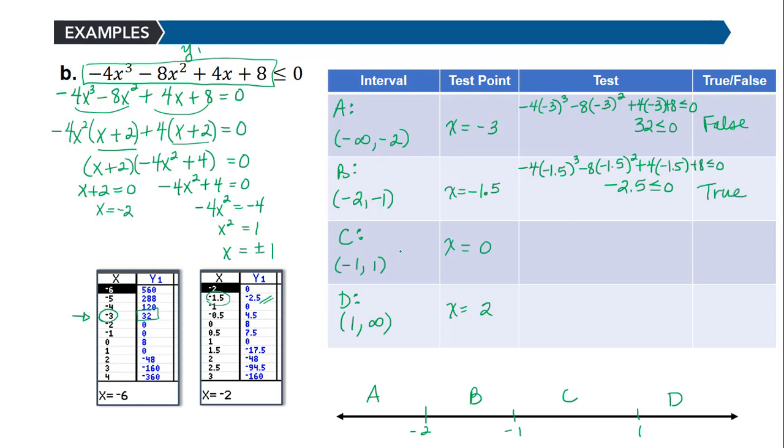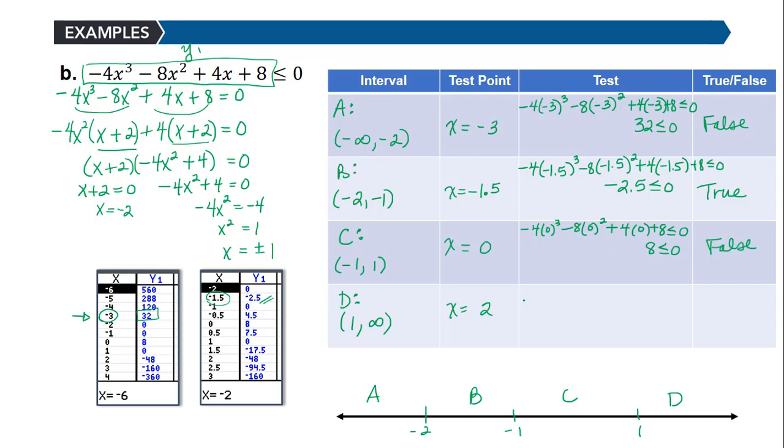And then when we plug in 0 in region C, notice that all of the variable terms would just be 0. So negative 4 times 0 cubed minus 8 times 0 squared plus 4 times 0 plus 8. Is that less than or equal to 0? Well, I just get 8, but 8 is not less than or equal to 0, so that is false.